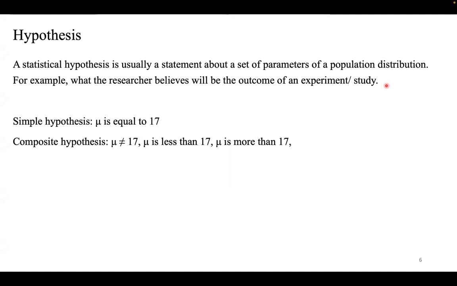The other thing that we are now doing in hypothesis testing is that once we get some sort of an estimate from the sample about the population, we would now like to check it against something.